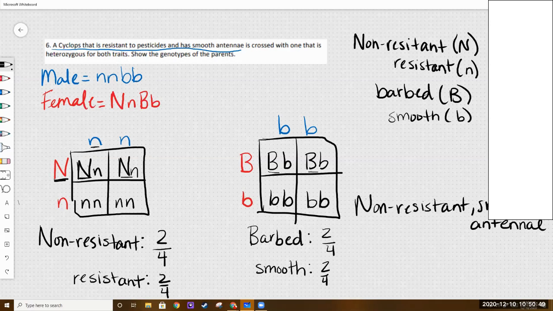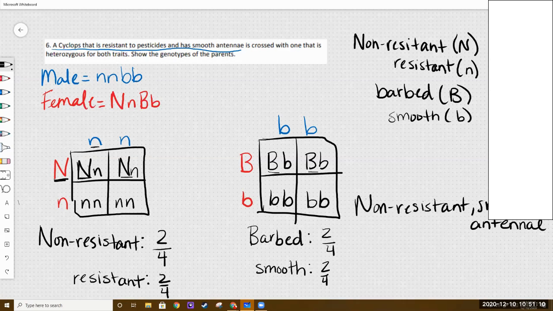Okay. Is anyone confused of how to get the fractions once we do the crosses? Do you guys get them? So remember, you put the traits: non-resistant, dominant; resistant, recessive; barbed, dominant; smooth, recessive. You put them here.